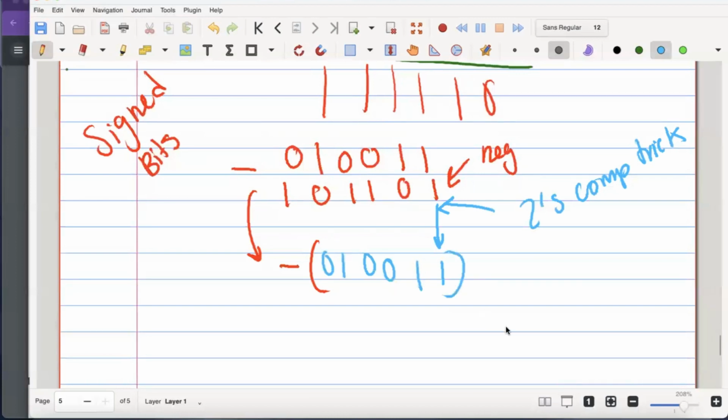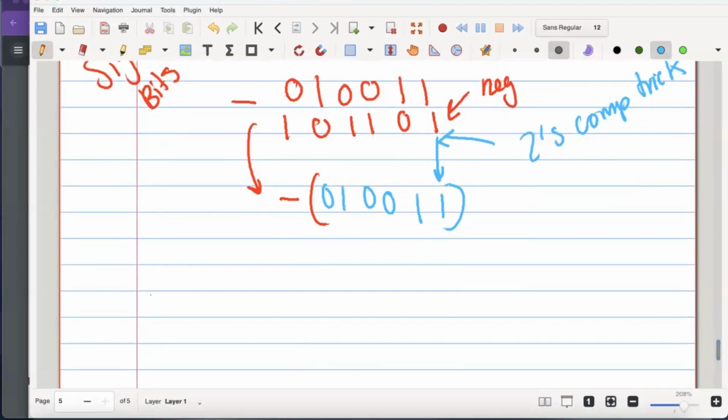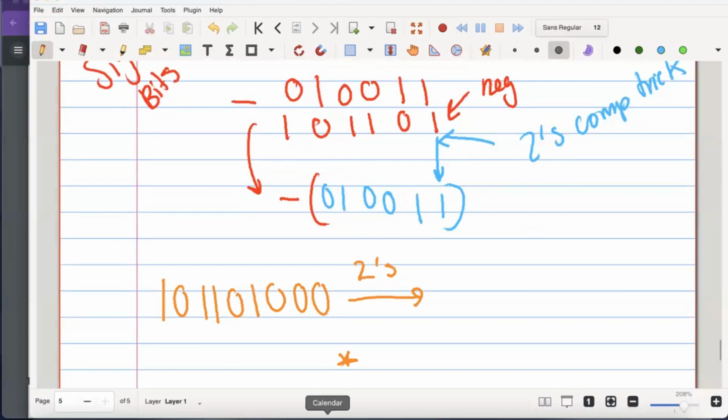I'm going to go through this trick once more with another number so you actually understand it. Let's say you had a number like this, and you wanted to take the 2's complement very fast. Well, you start on the right side and you track until you see the first 1, and then you just copy that over.